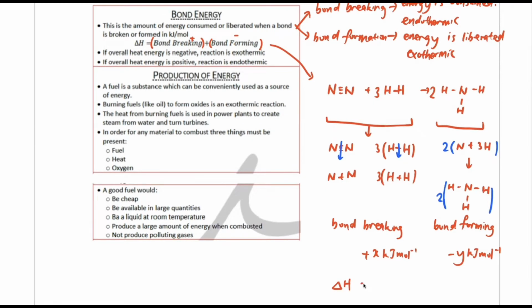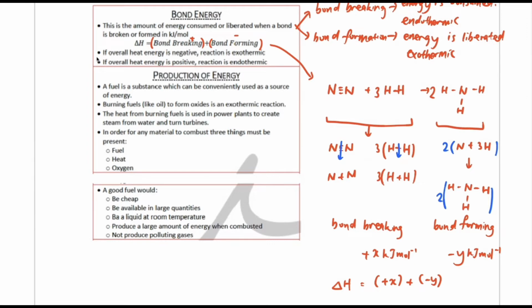You just take bond breaking plus bond forming. Then you count. If this is a positive answer, then the Haber process reaction is endothermic. If you count this and you get negative, that means this reaction, the Haber process, is exothermic. So that is what they are trying to say.